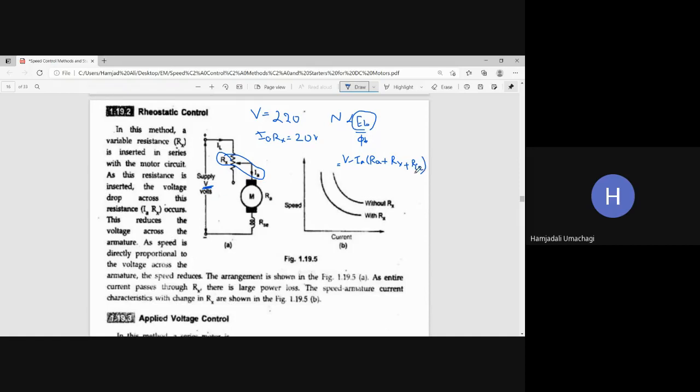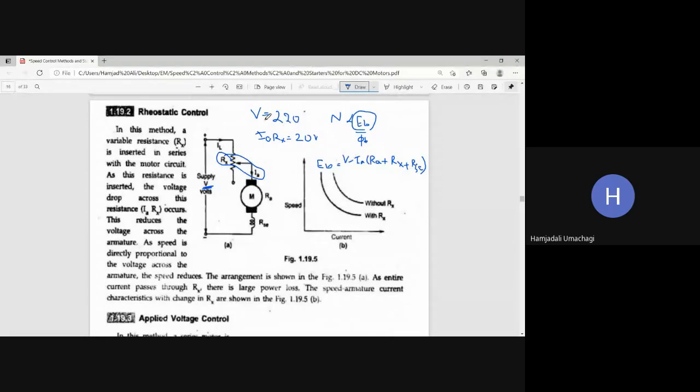In addition to that, I have added extra resistance Rx in series with the armature. Because of all this, this is my back EMF equation: Eb equals V minus IA into (Ra plus Rx plus Rsc). So this much voltage is now available.